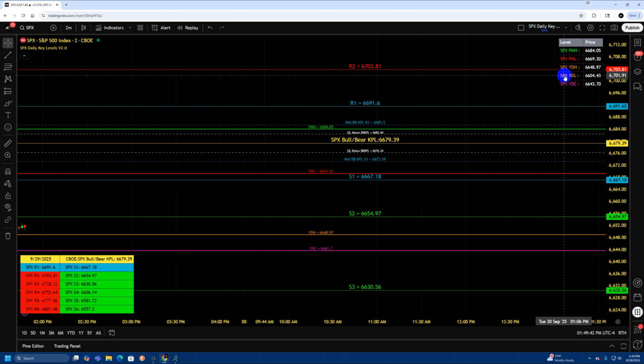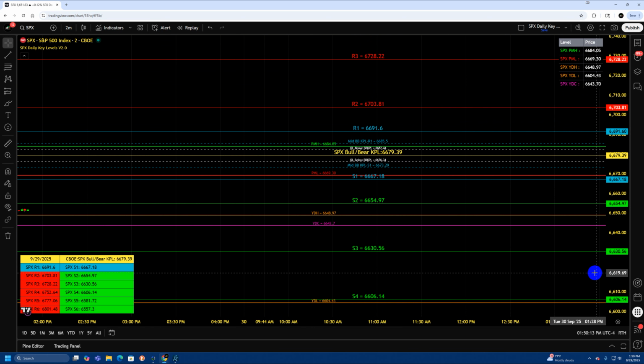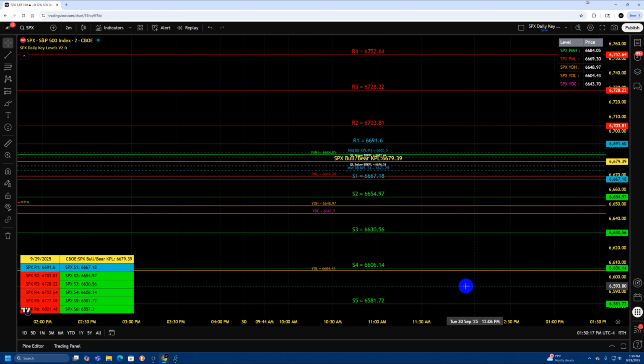So the previous days are YDH, YDL, and YDC. That's yesterday's high, yesterday's low, yesterday's close. PMH and PML are the current session's pre-market high and pre-market low. Pre-market high, pre-market low, YDH, YDC, and we move down. Here's the low from the previous RTH session.